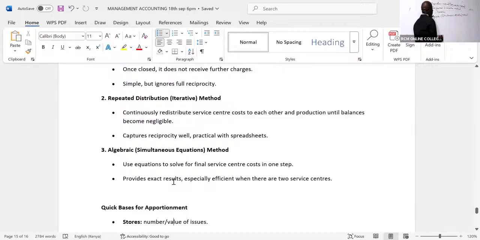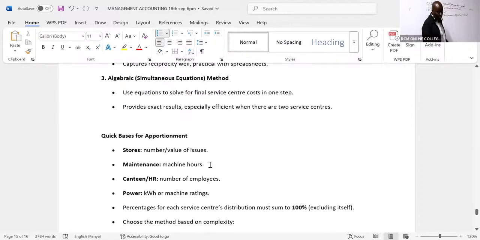So if you go to your exam, you realize your exam uses the two words interchangeably. At times they'll tell you using simultaneous method, in this case here, algebraic. So give us a dash there. It uses equations to solve for final service center costs in one step.